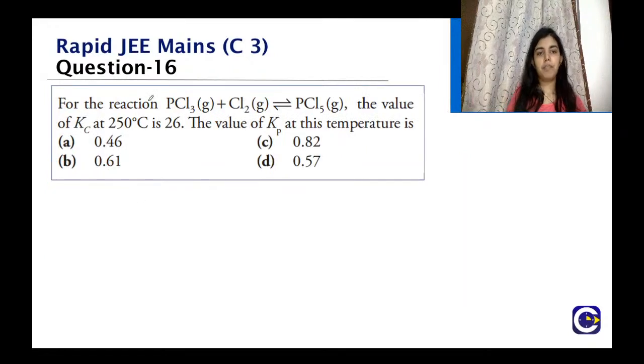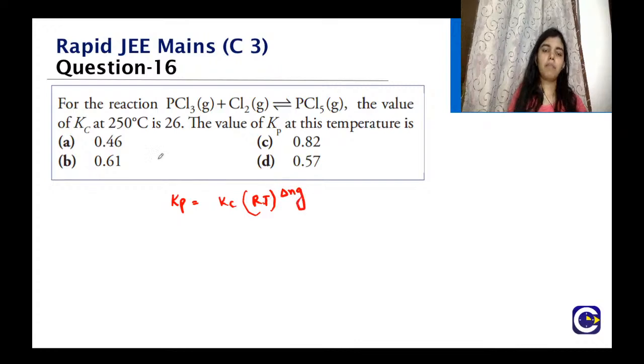Question number 16. For the reaction PCl3 plus chlorine giving PCl5, the value of Kc at 250 degrees Celsius is 26. The value of Kp at this temperature is, now we know the relation of Kp and Kc: Kp equals Kc RT to the power delta Ng.